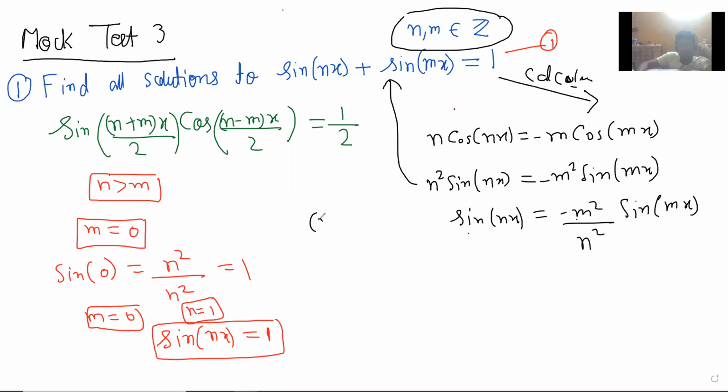So let me write that because that's what that was probably. So then I can put it in the first equation, and then I'll write 1 becomes minus m square by n square sine mx. No, so this is right.